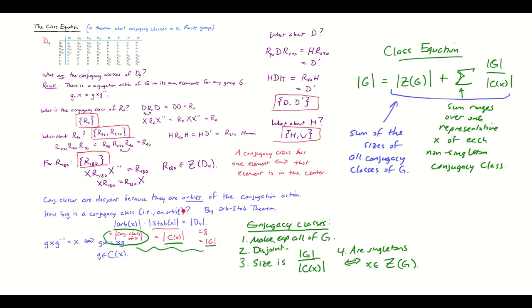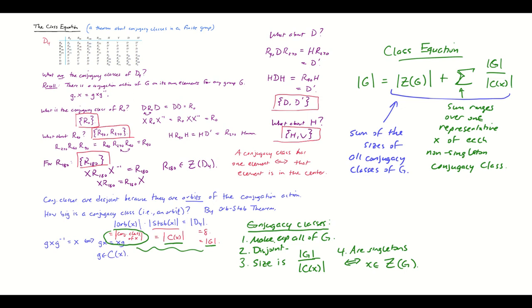Dividing those according to this equation here gives me the size of one orbit, or one conjugacy class. This does not represent the size of one conjugacy class. It represents the collective size of all of the singletons, because each singleton represents something in the center of G. So when you look at this, don't think of one class. Think of a lot of little classes, each with its own single element, each of which commutes with everything. Whew. Okay, so that's the class equation.